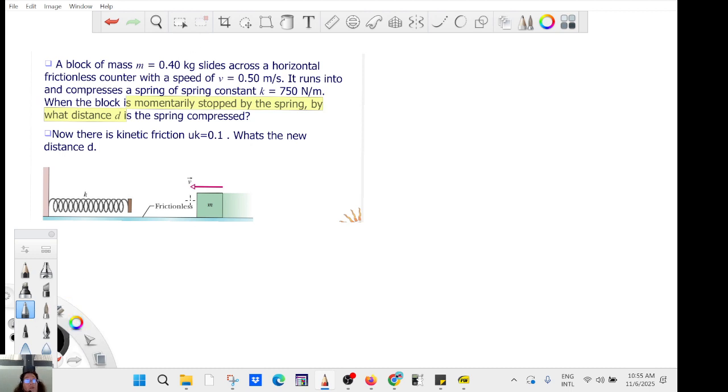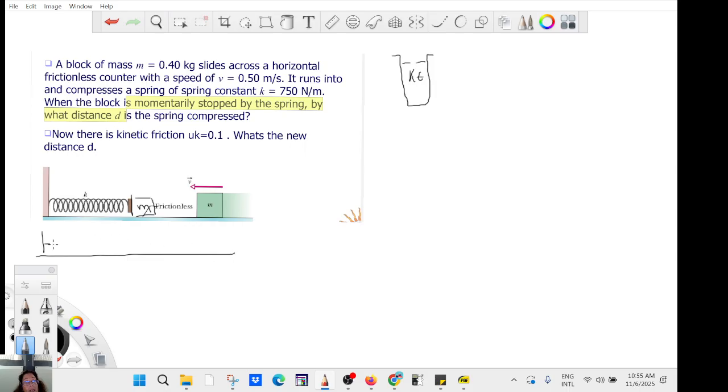Let's do it. So before, it has only kinetic energy. There is no friction. It's going to get to here, and then the spring is going to be compressed. So here the spring is happy, and now it's not happy because it's being compressed.